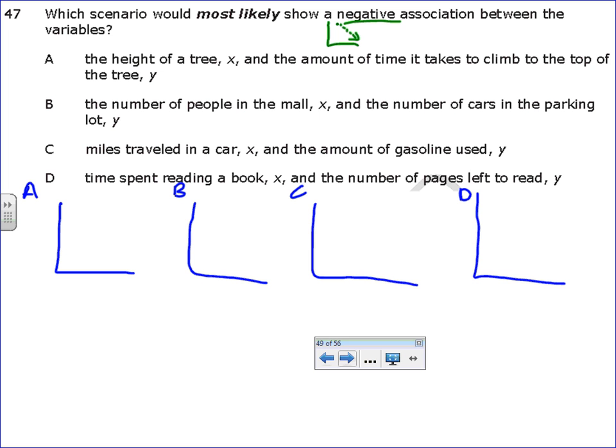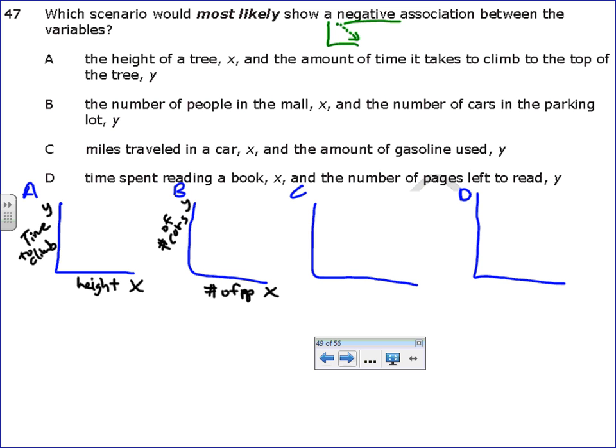The first one says the height of the tree is my X, and the amount of time it takes to climb to the top of the tree is Y. Okay, so time to climb. My next one says the number of people in the mall, so number of people, that's on the x-axis, and the number of cars in the parking lot.